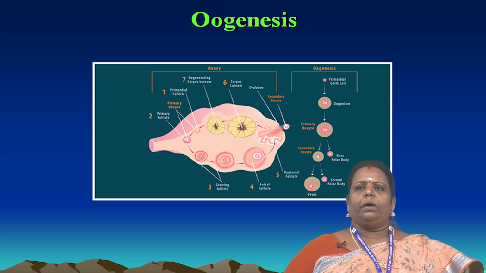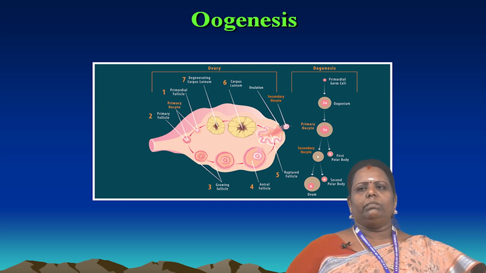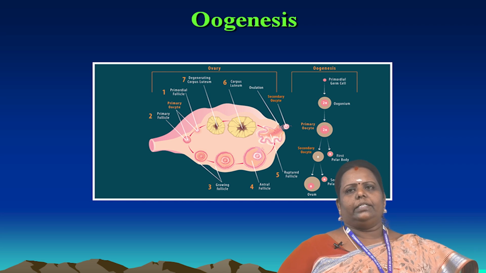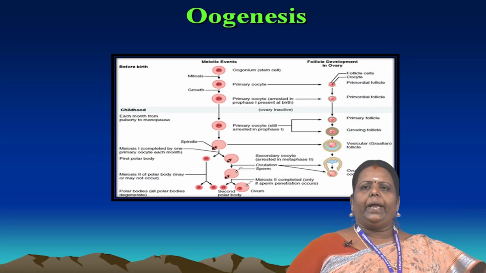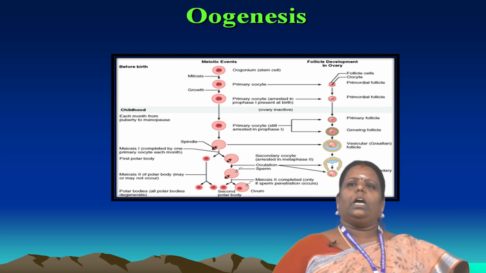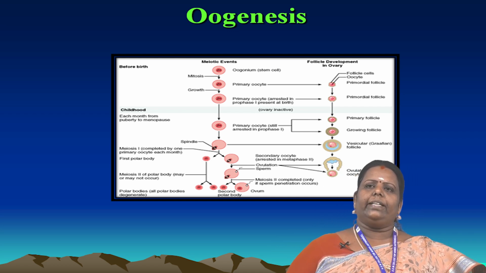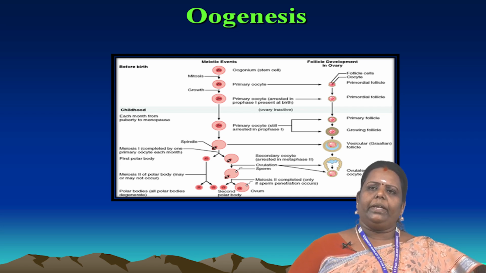The corpus luteum, ovary cells, follicle cells, and primordial germ cells are all involved. In the mitotic event, the oogonia, the stem cells, first the primordial germ cells, undergo mitotic division, and this gives rise to the primary oocyte.